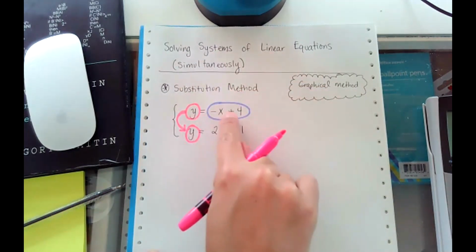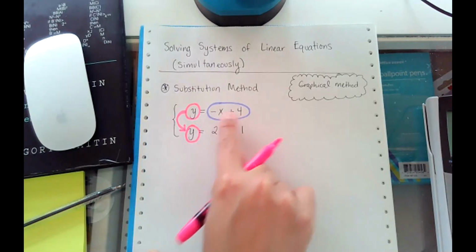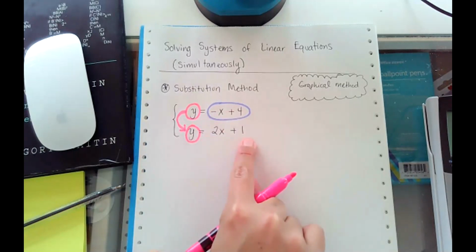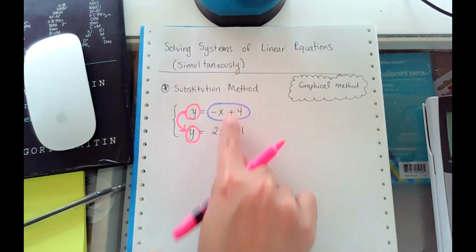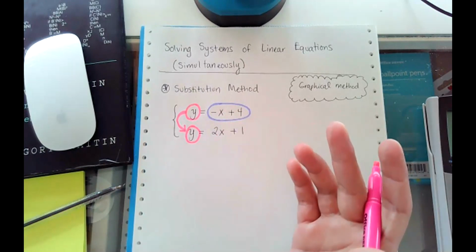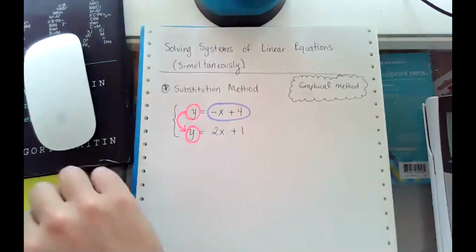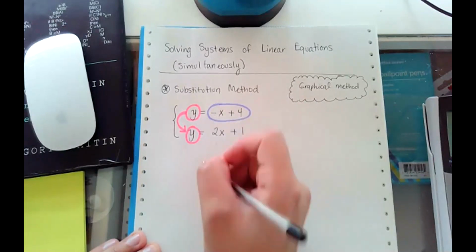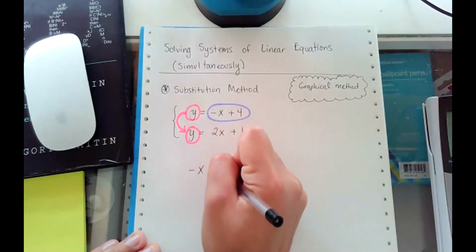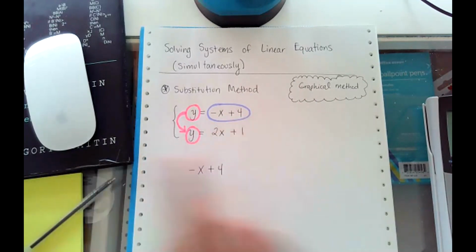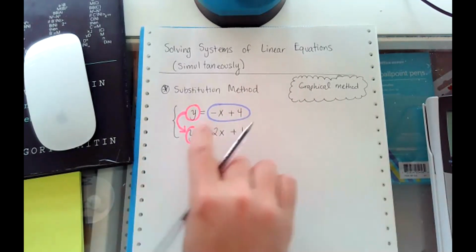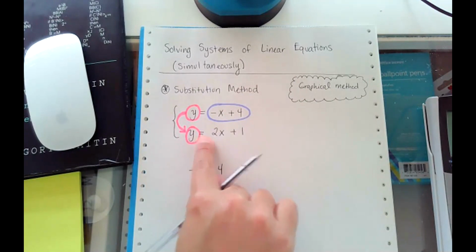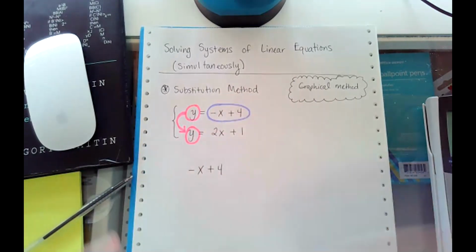Because if y is equal to this, and at the same time y is equal to this expression, then these two expressions need to be equal to each other. So I'm going to take this expression, negative x plus 4, from the first equation, and set that equal to this expression.